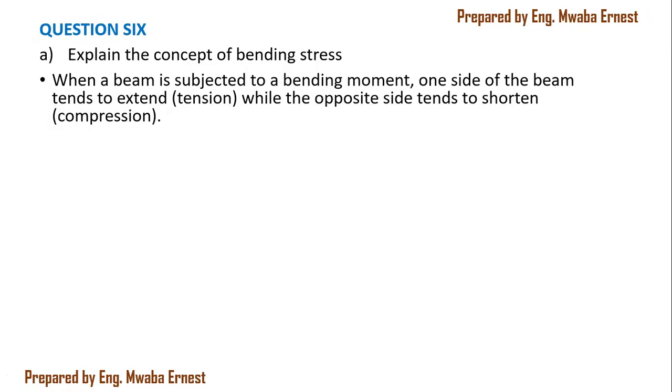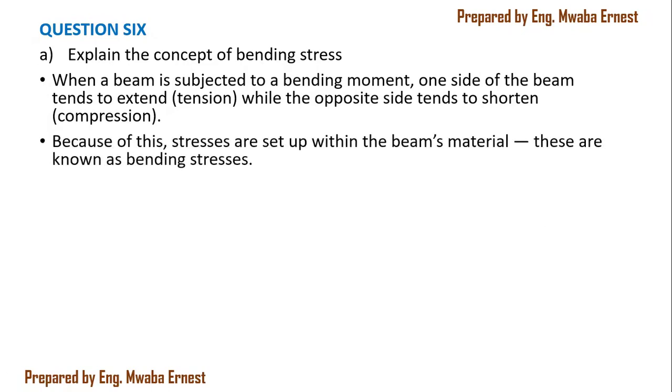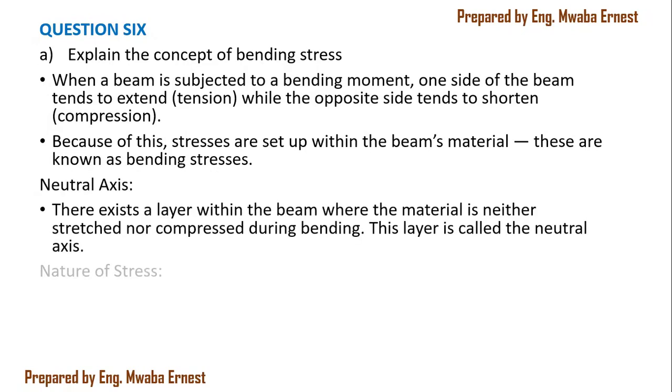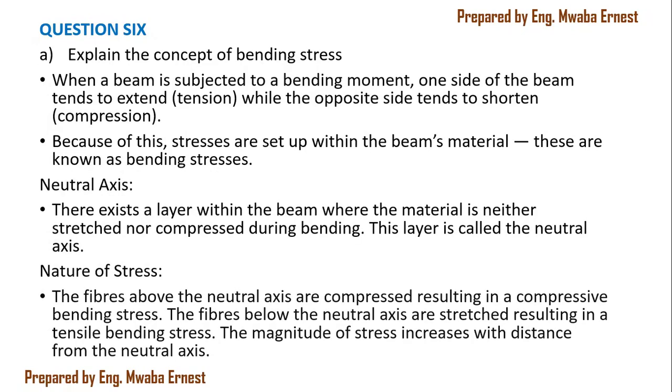The moment may be on one side, but that is how the material ends up behaving. So you have the neutral axis and you have the actual areas where the material is being stressed.